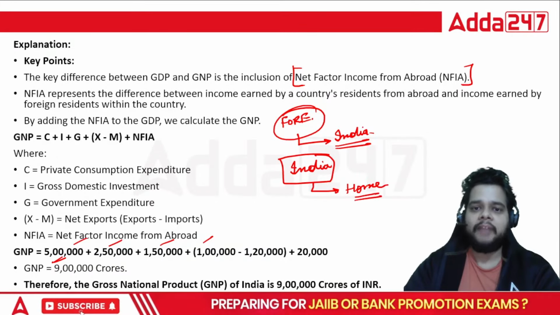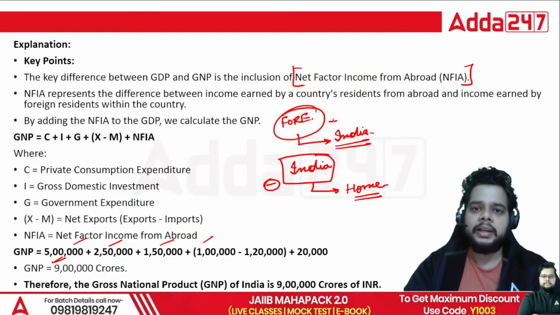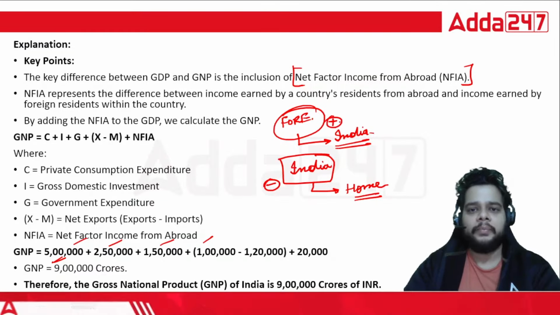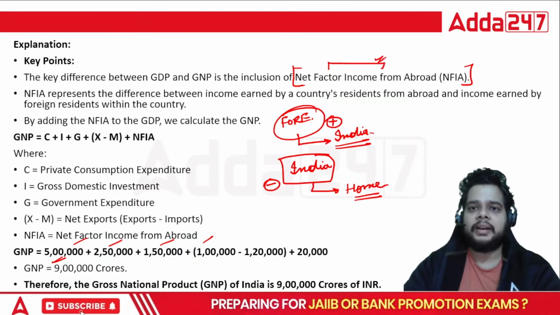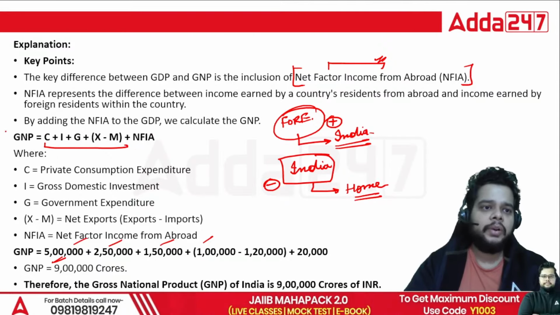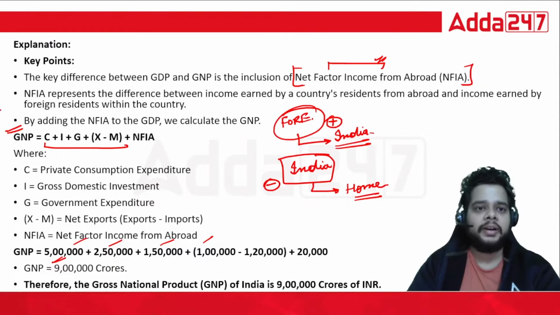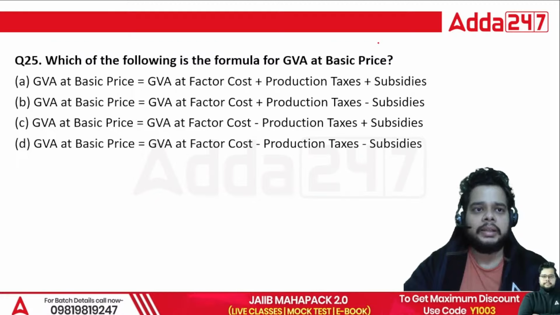So we have to exclude these numbers and include those numbers. That inclusion and exclusion is known as net factor income from abroad, and this is added to the GDP. Then only you will get the GNP of a country. And in India, we see that GDP contribution is rising since 2023.